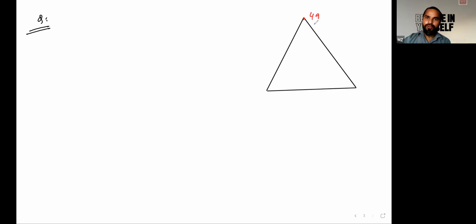Here you have 4Q, Q, and minus Q. Let's say A, B, and C. And this is your equilateral triangle having side length L.